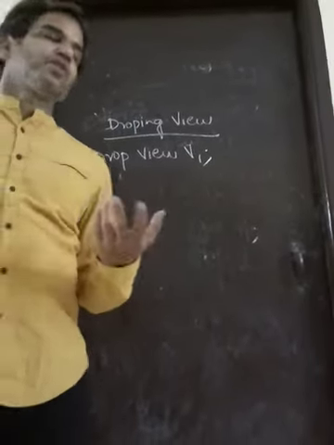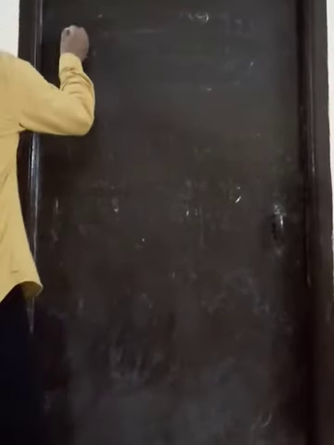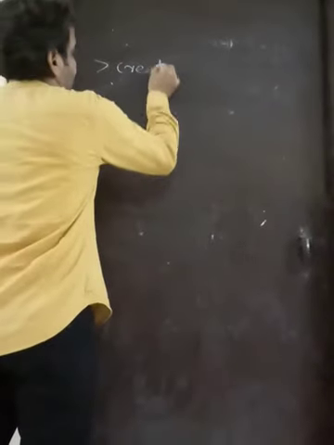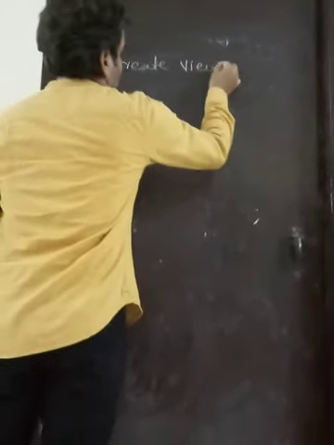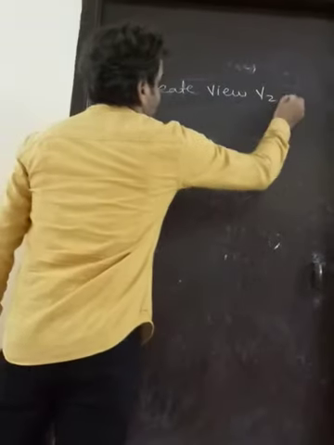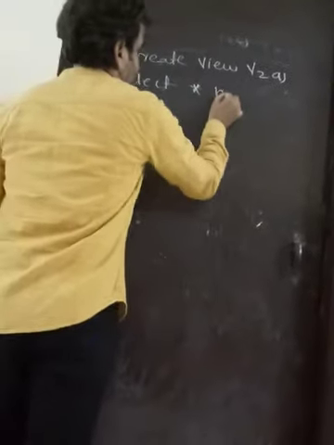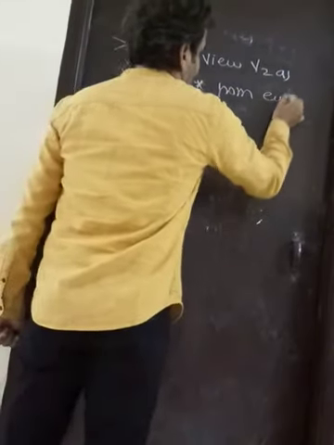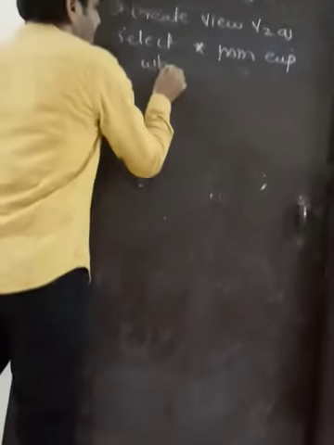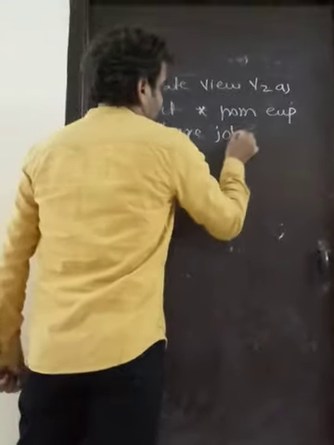Now we'll see another view creation with the help of a where condition. Create view v2 as select star from EMP where job equal to clerk.